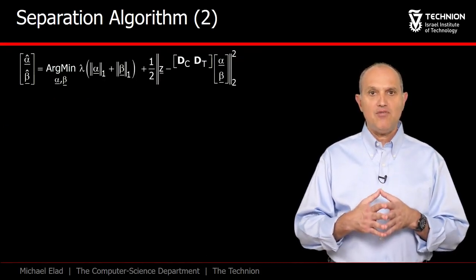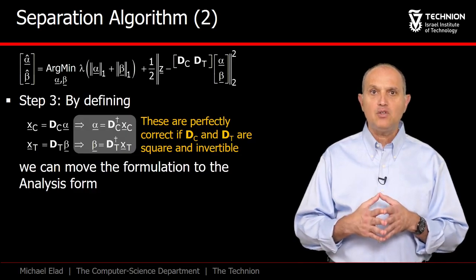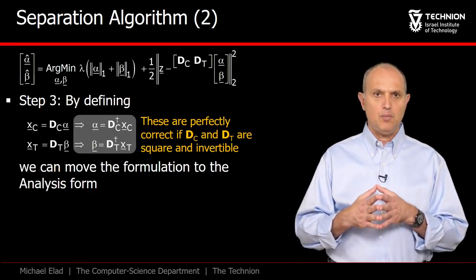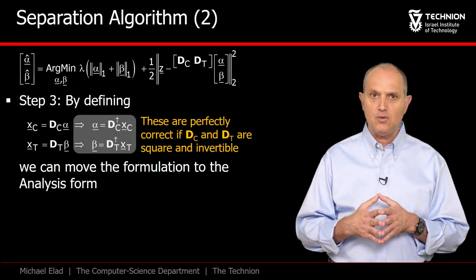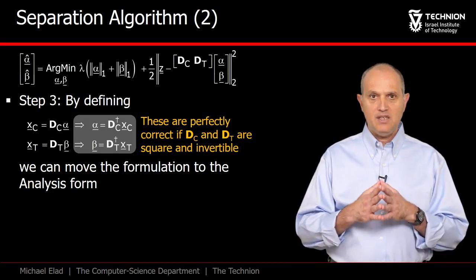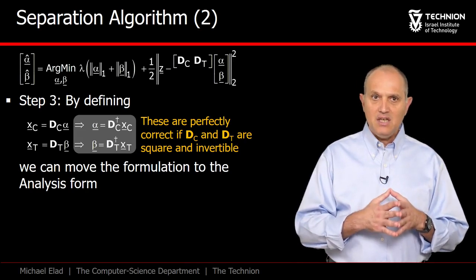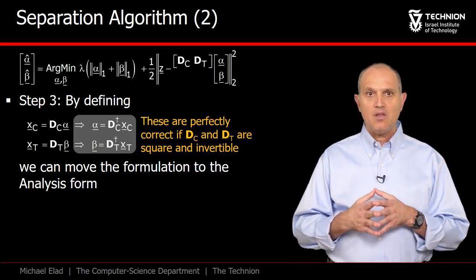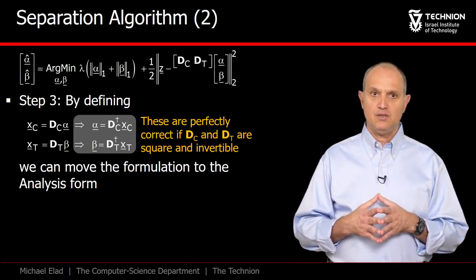The process of deriving the algorithm proceeded by moving to the analysis domain. This topic is something we deliberately skipped in this course, but we will say this. We define XC as DC times alpha and XT as DT times beta. These are the actual cartoon and texture images.